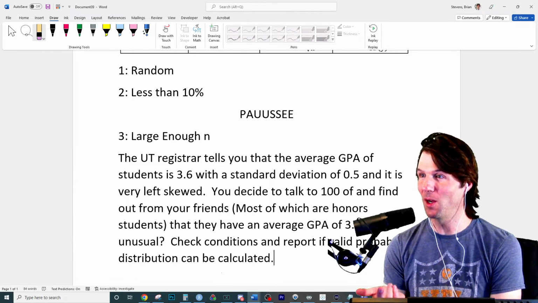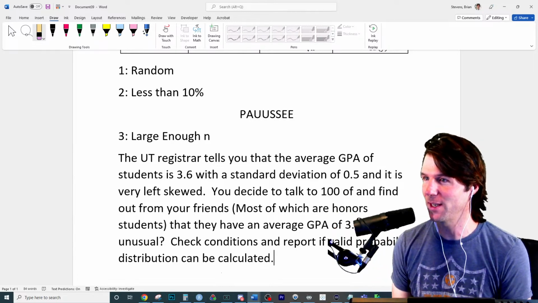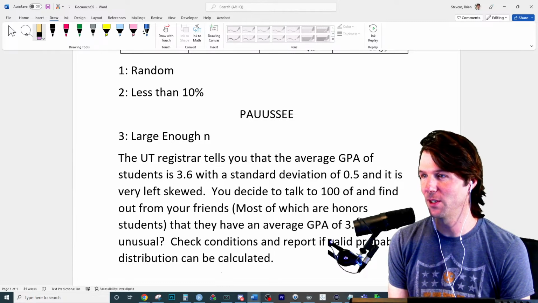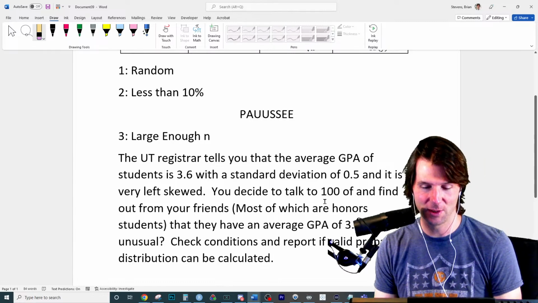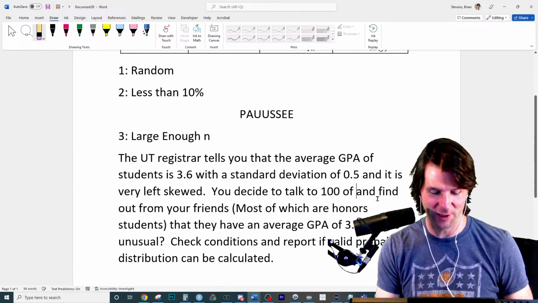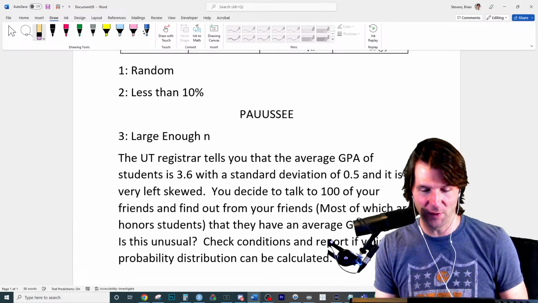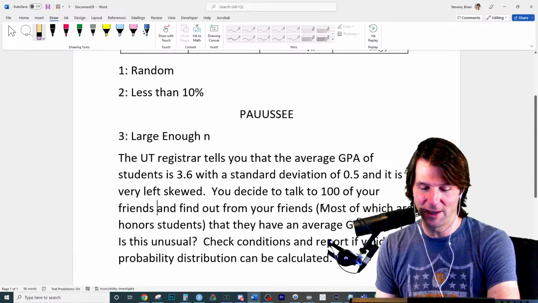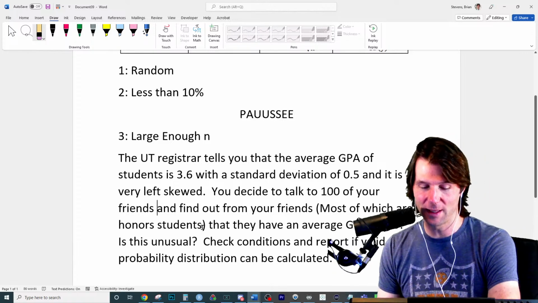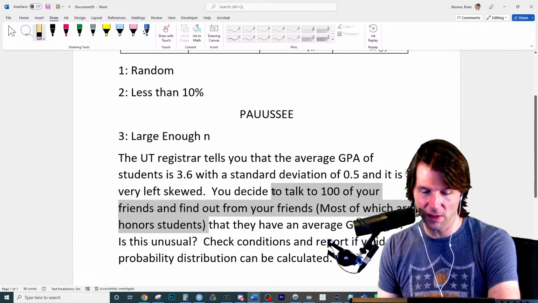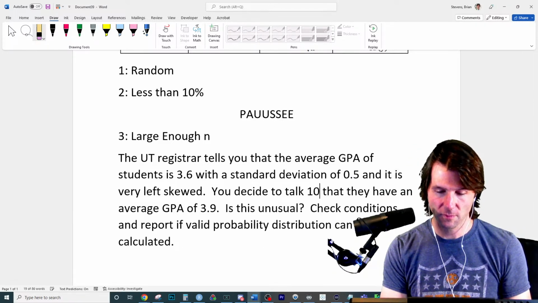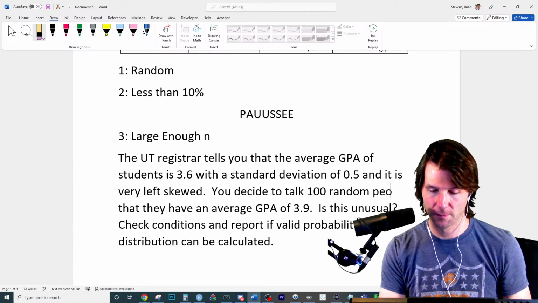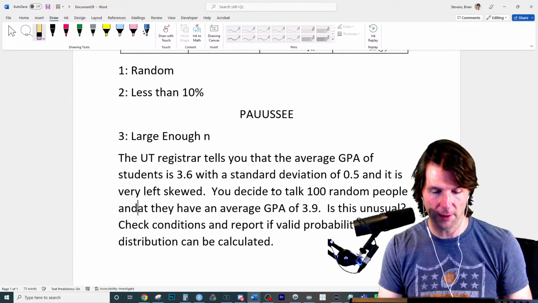We would throw in some extra stuff like, you decide to talk to 100 of your friends, most of which are honor students. So you don't want to do that. You decide to talk to random people, and there we go.